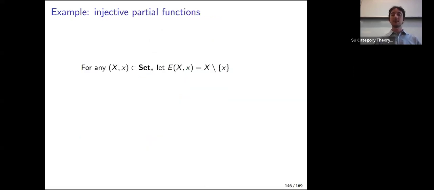Okay, so now we can transport this. So for any pointed set, take its image under E to have the same underlying set, but we remove the point.